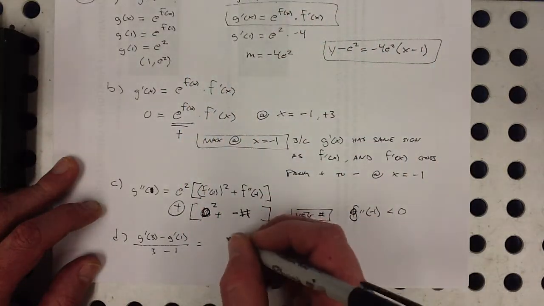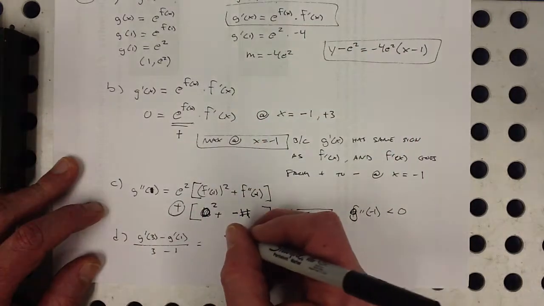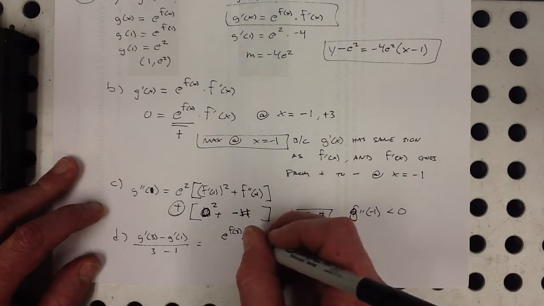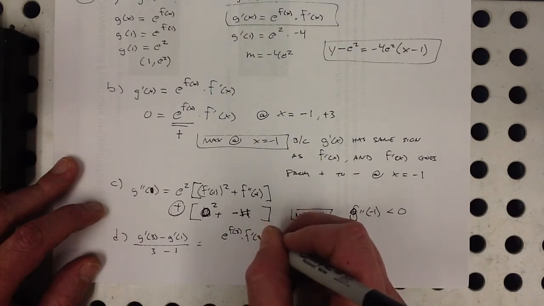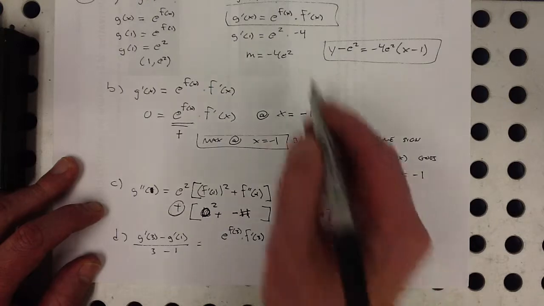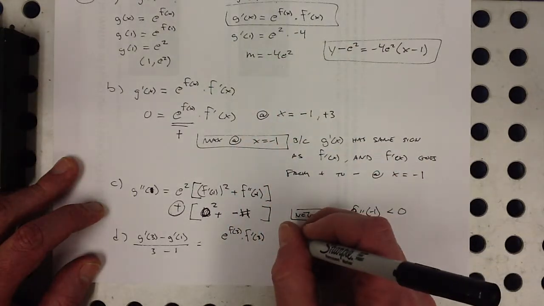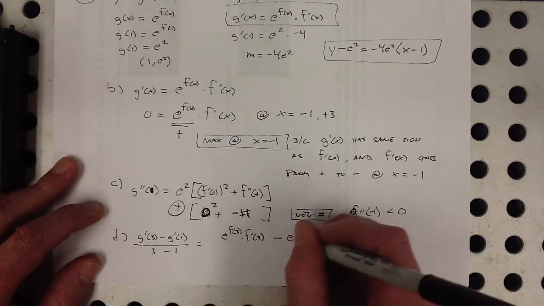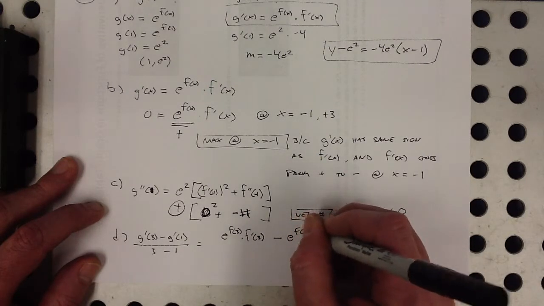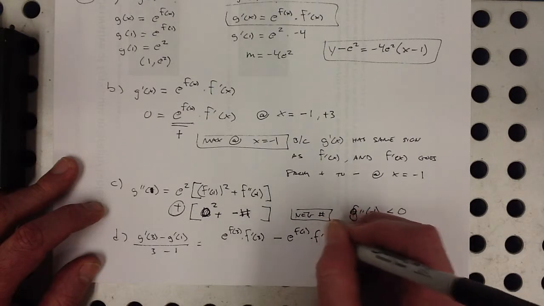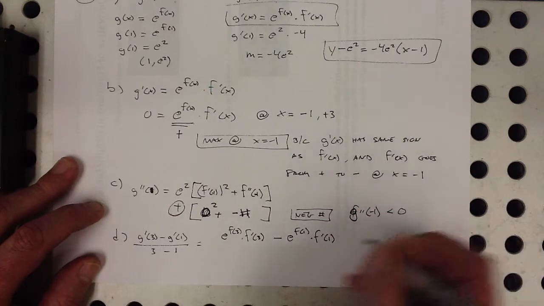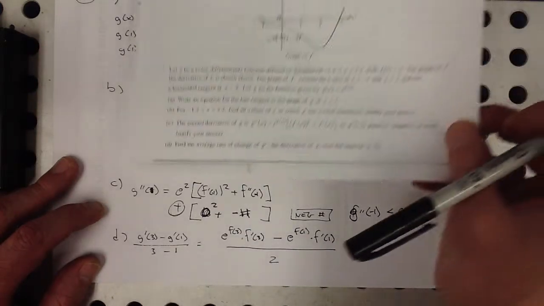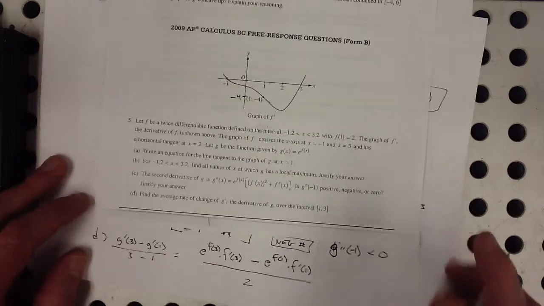So g prime of 3 would be e to the f of 3 times f prime of 3, and it's using this, minus e to the f of 1 times f prime of 1, all over 3 minus 1 is 2. So let's see if we have enough information in the graph to figure out what that is.